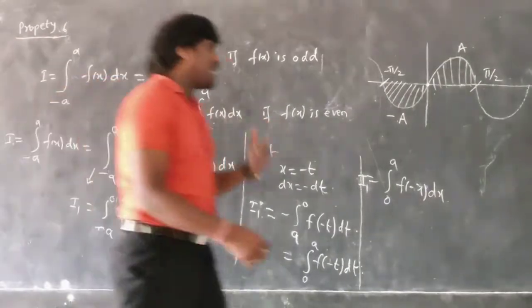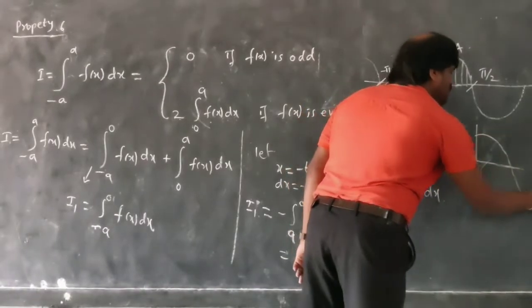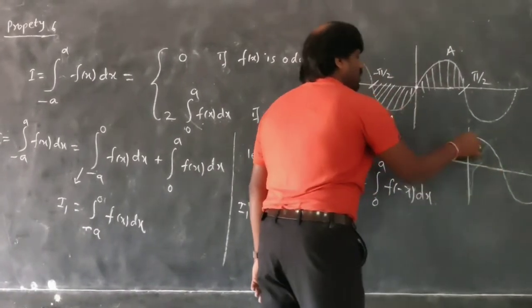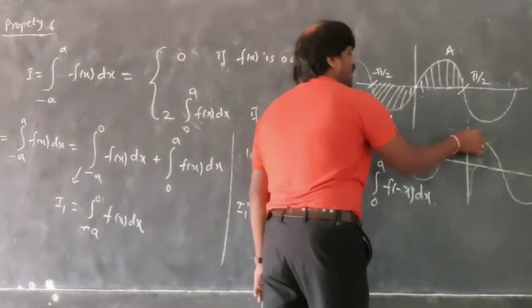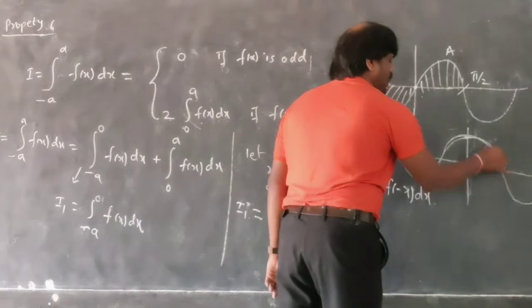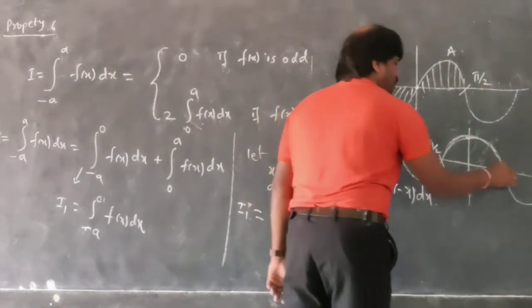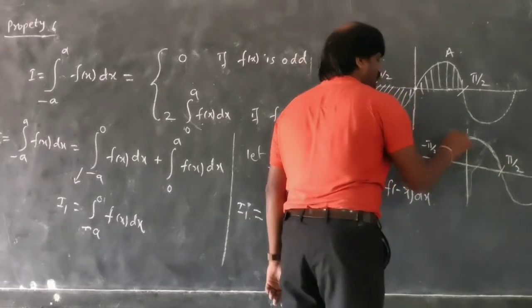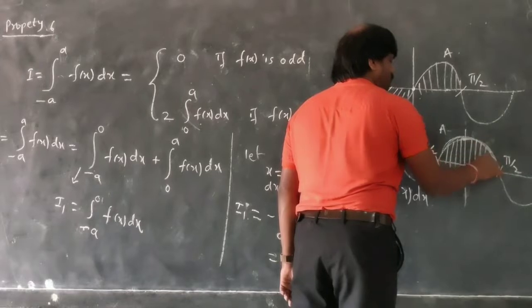When you take the even function, cos x is an even function because it is symmetric about the y axis. So this is minus pi by 2 and this is plus pi by 2. Whatever area is here is a, and whatever area is here is also a.